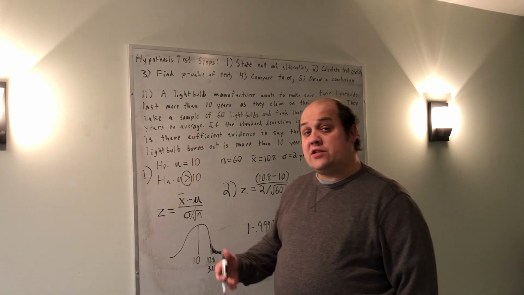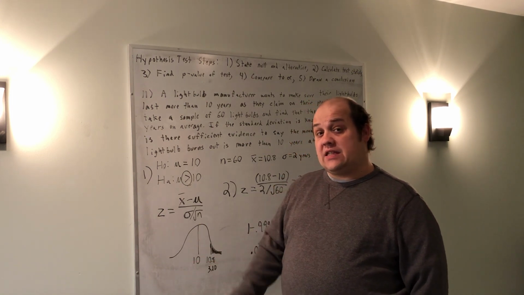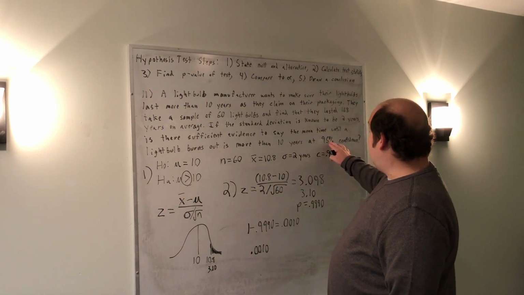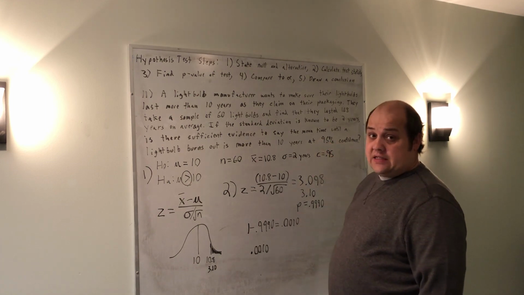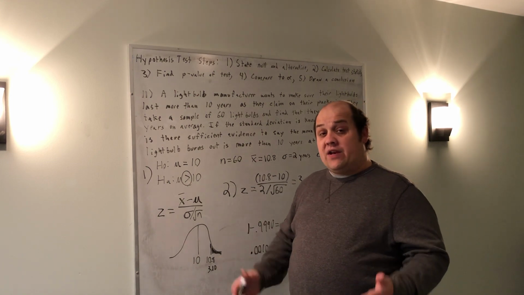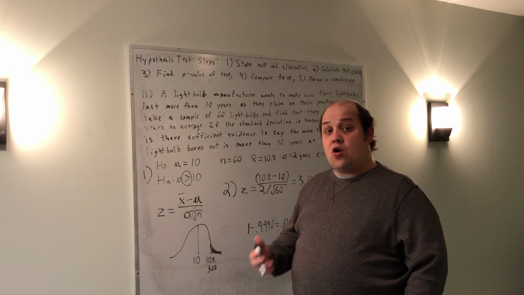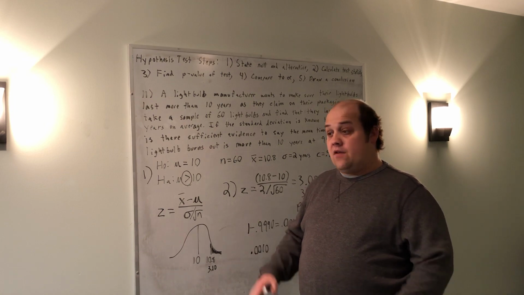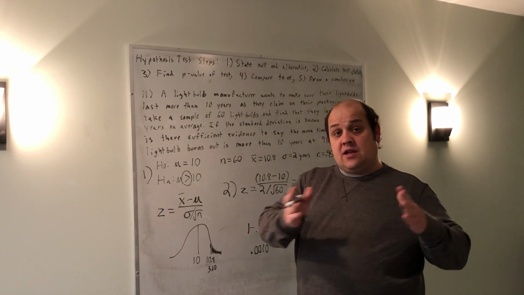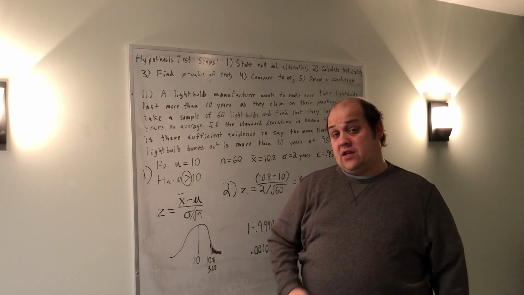We need to compare this to an alpha, or a confidence level that we were given. In the problem, it said 95% confidence. That percent confidence implies that we're willing to be wrong 5% of the time. If we're 95% confident, then we're 5% not confident.